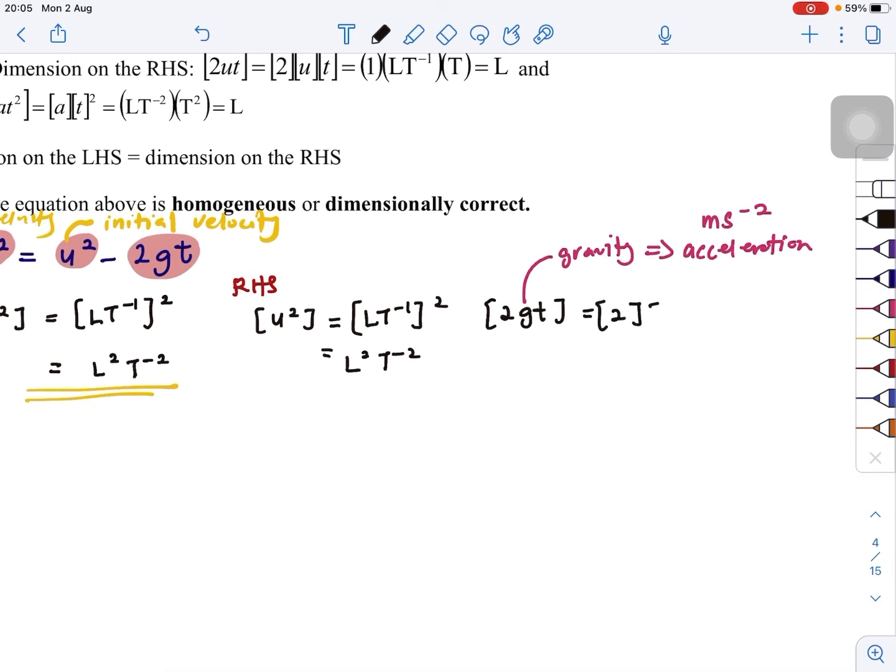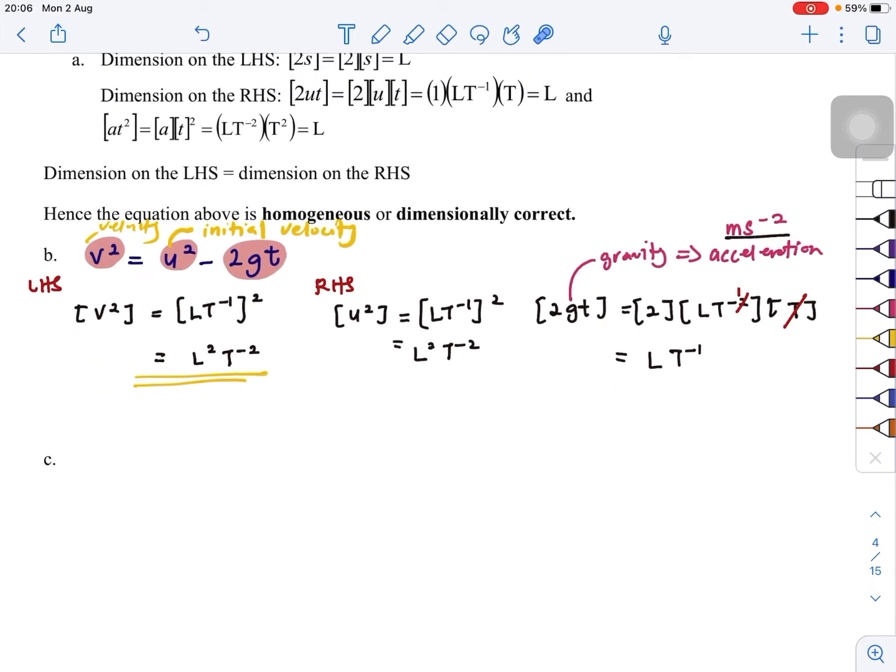And then we have G, the gravity. Dia punya dimension adalah L T per square. And then we have another T, another time, so T. So akan dapat L per T. Sebab dekat sini kita ada, this one akan cancel. So akan dapat L per T.